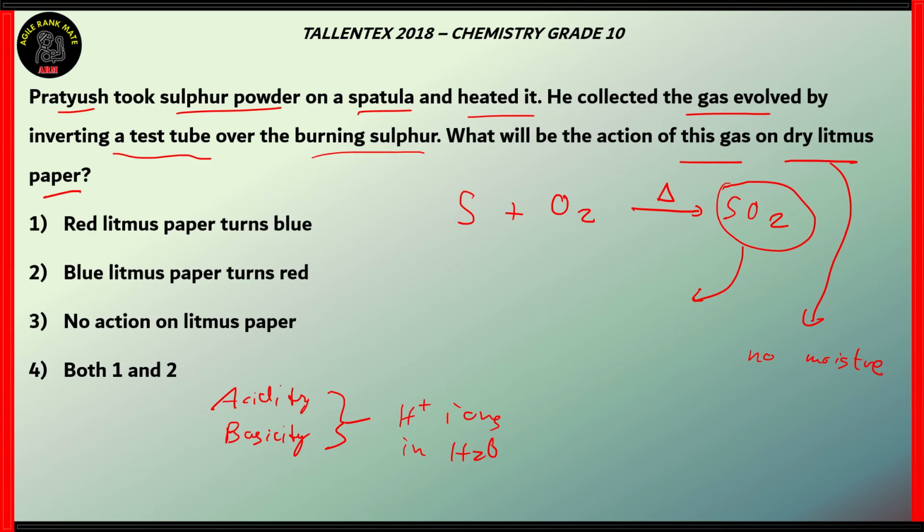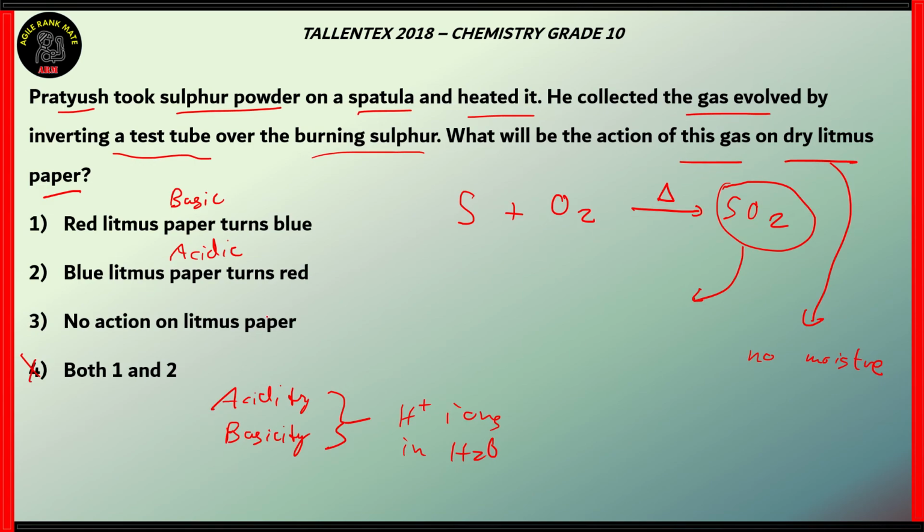So there is no question of acidity or basicity on a dry litmus paper because there is no water. Now, red litmus paper turning blue reveals that something is basic. Blue litmus paper turning red is related to acidic. Both 1 and 2 would never occur for something. It has to be either acidic or basic.